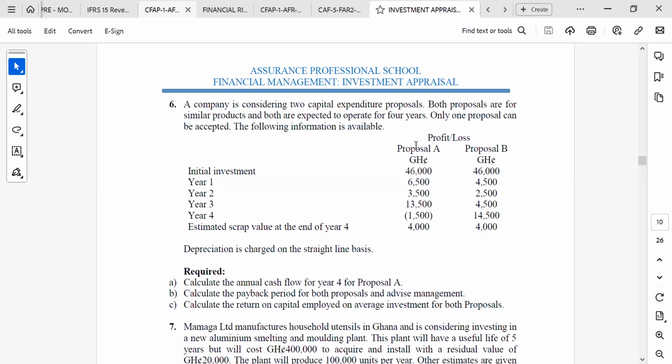Okay. So let's look at this, and they are asking us to calculate the annual cash flow for year 4 for proposal A, and the payback period for both proposals and advise management. Calculate the return on capital employed on average investment for both proposals. This one, which we call the accounting rate of return. Okay, let's look at this one. You can see that you are given profit or loss, isn't it?